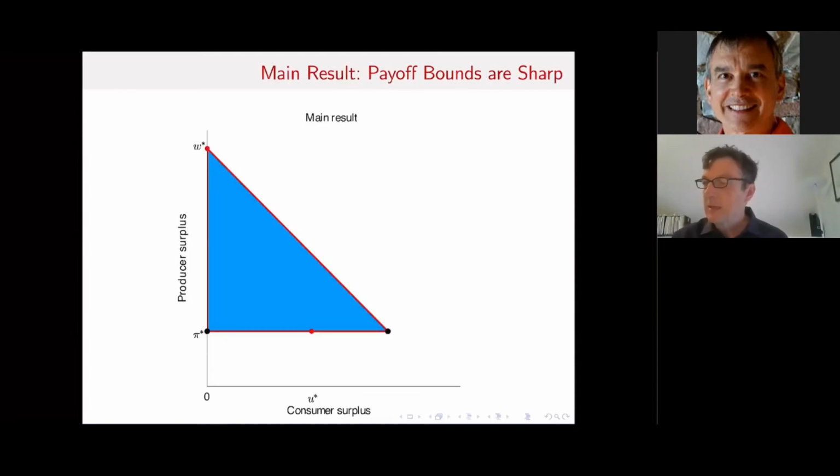But in fact, the main result that I'm going to try to establish for you today is that the segmentations that can be supported through some information policy are so large and so powerful that any possible pair in that surplus triangle can be realized as some form of price discrimination.